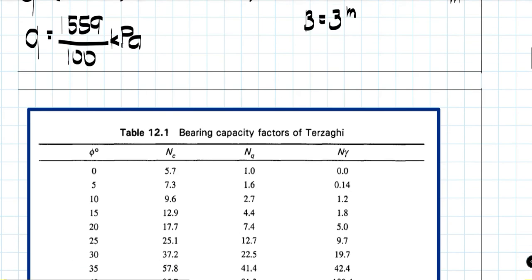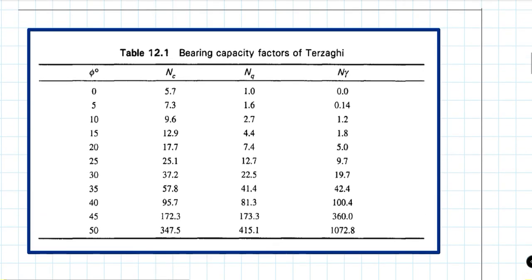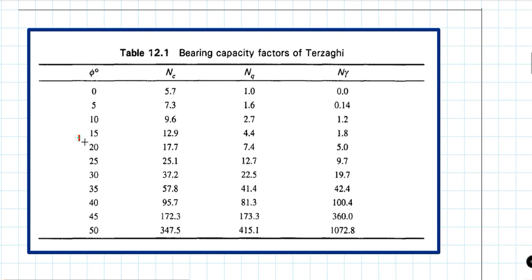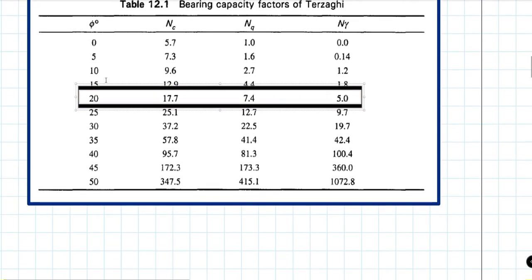So, sabi natin, that is 20 degrees na angle of internal friction. So, this is the 20 degrees na angle of internal friction. So, ayan siya. So, from here, we have an Nc equal to 17.7.